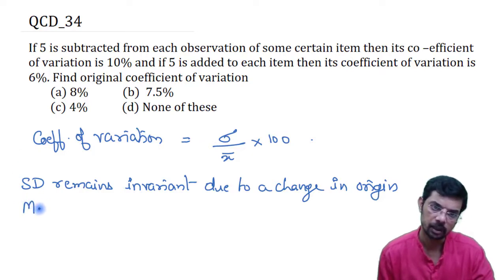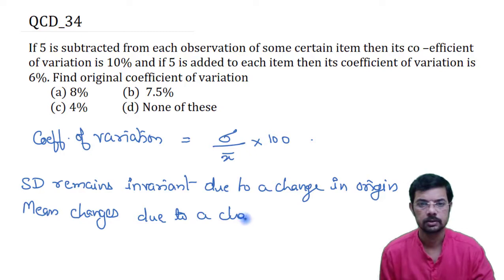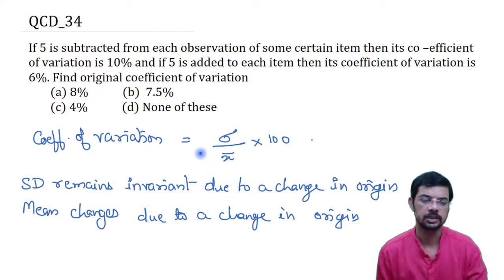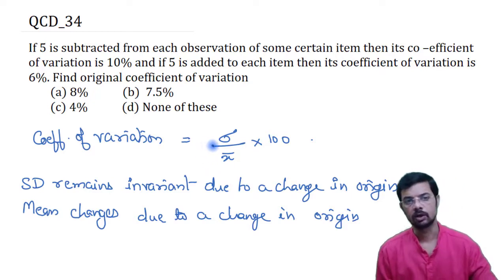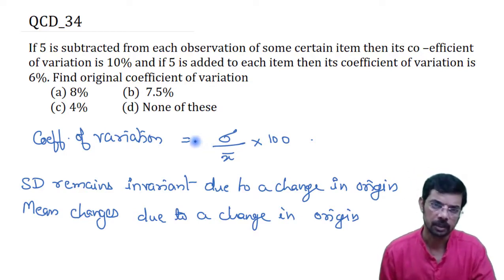Mean x bar is variant, or the mean changes due to a change in origin. So the standard deviation will remain the same, but the mean keeps on changing with respect to the change in the observations when observations are added to or subtracted from.